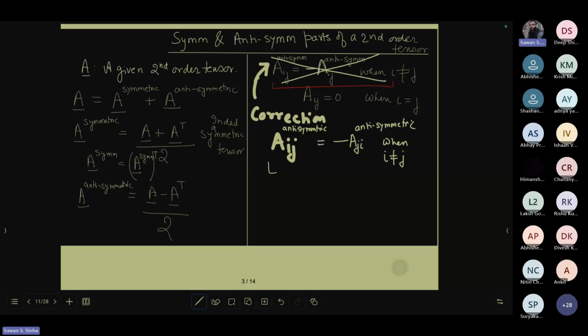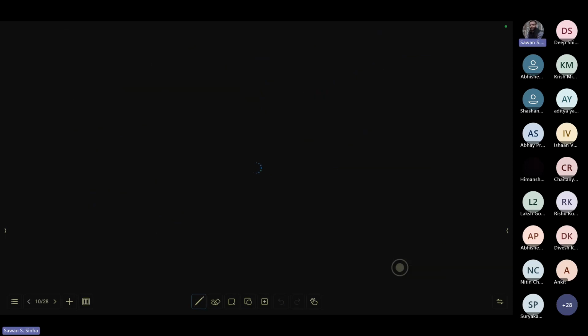This is correct: Aij is minus Aji for an anti-symmetric matrix when i is not equal to j. So this order was wrong. I have corrected it in the uploaded PDF, and that correction shows. So do take notice of that.